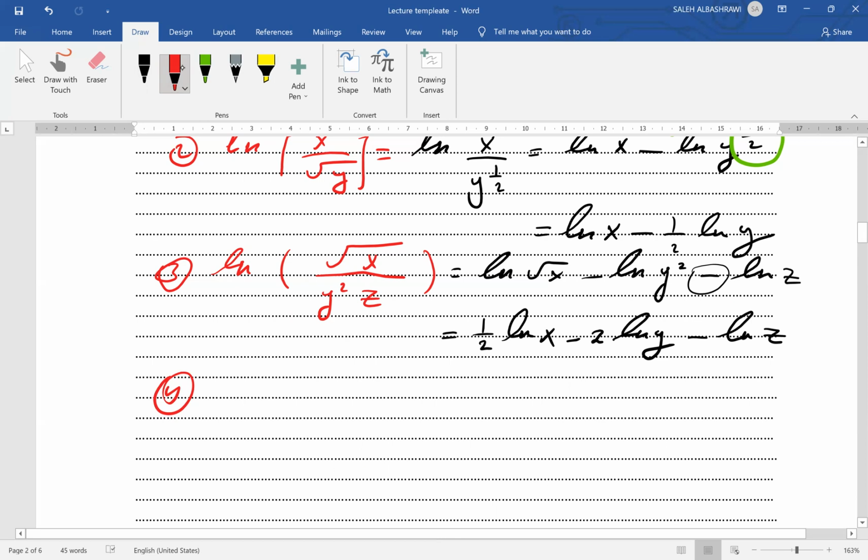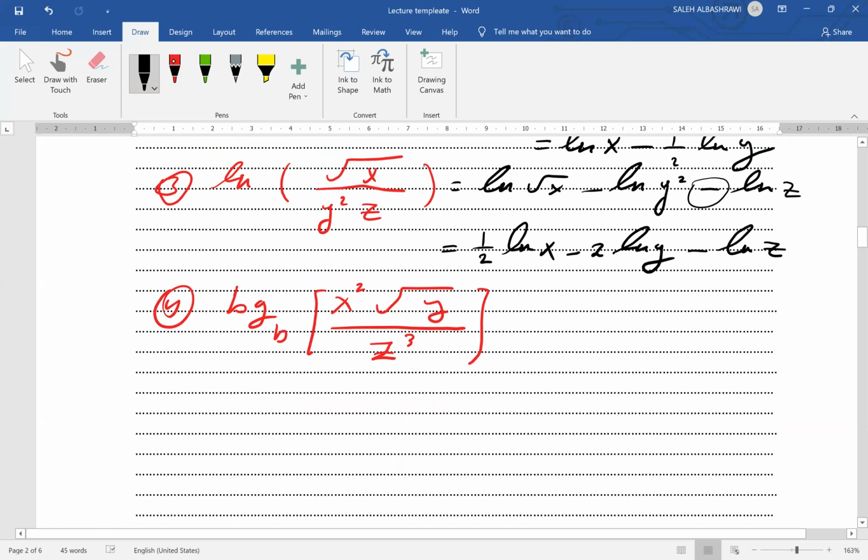With that we have log base b of x squared times the square root of y divided by z to the power 3, and I want to expand it.